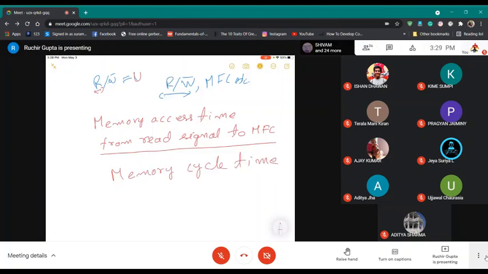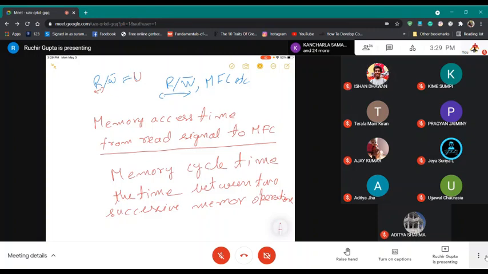If there is more than one memory operation happening, it is the time between two successive memory operations. Does it make sense? Yes, sir.